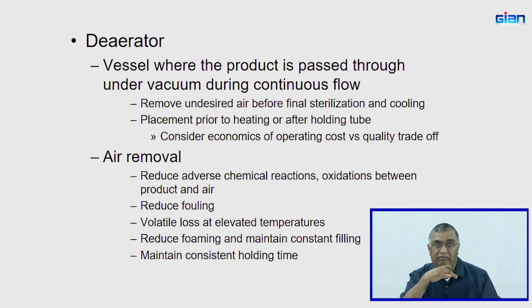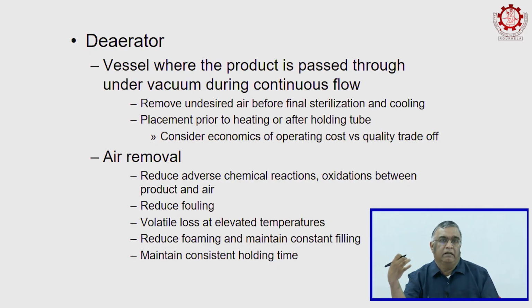Other thing is, when you have continuous flow processing methods, a lot of times when you formulate things, you may have air get into your product, and it's okay to have air in other circumstances, but in the process operation you don't want to have air, because air is a poor conductor of heat. So, that means your product may not uniformly heat. So, you want to add a deaerator to remove the air.